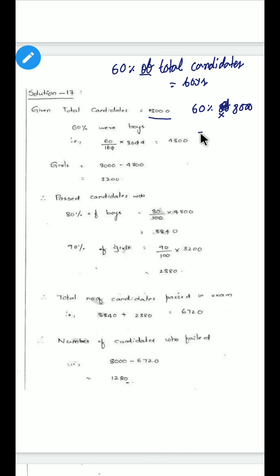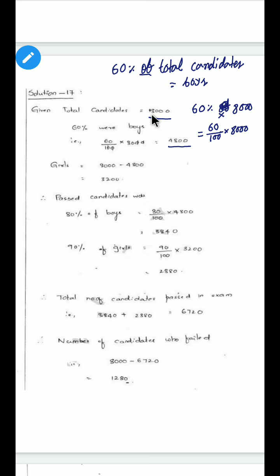So 60% means 60 upon 100, that means 60 by 100 into 8,000. Just cancel out the numbers, and you will get 4,800 as the total number of boys.